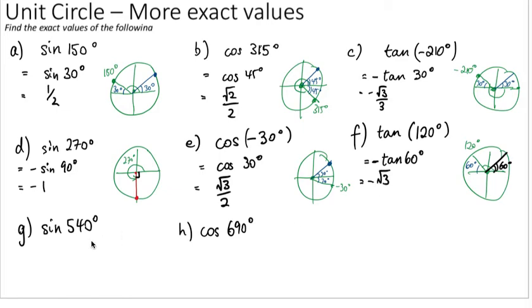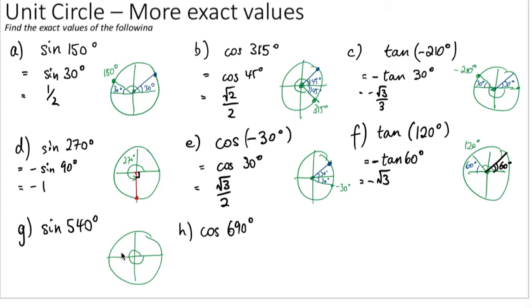Now for these ones here, let's have a go at this one together, and then I want you to pause the video and have a go at H yourself. Now this is 540, so this is beyond 360 degrees. So if we draw a unit circle, what are we doing? Starting from here, spinning until we hit 360 degrees, and we just keep going. So how far do we need to go? Well, we know that 360 plus another 180 degrees makes 540.